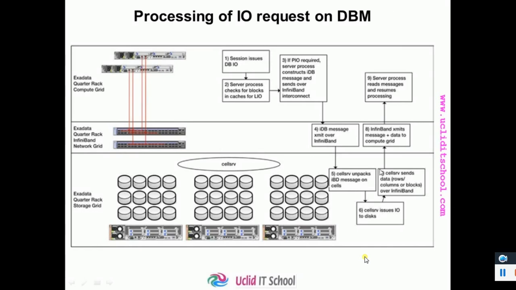Further, I want to know, okay, it gets the filter at the cell server level, and the server process gets back the iDB message and converts it back to SGA into the buffer cache. So when it is returning the rows in the buffer cache, it also stores them as blocks, right?